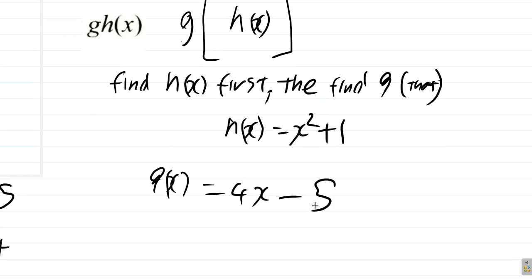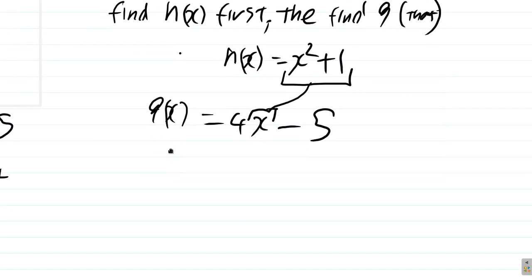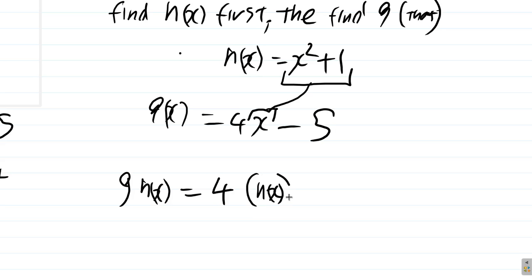Now, when you say g of something, you're going to change the x to that something. So whatever that something is, you're going to remove x and put that something there. Now it is g of h of x. So you see all of this here, you're going to remove x and put it right there. Alright? So it's g of h of x, which would be 4 times h of x, whatever it is, minus 5.